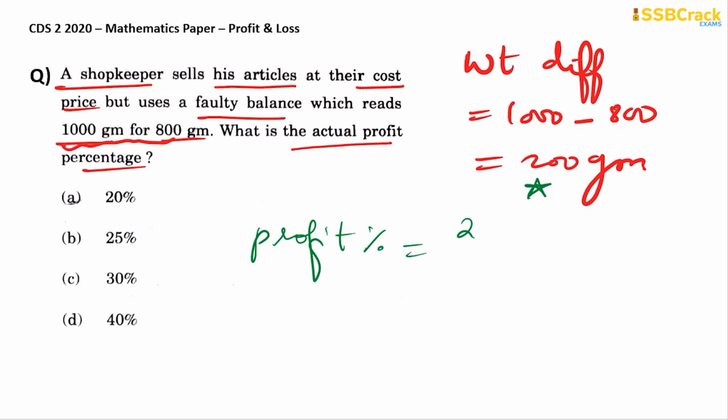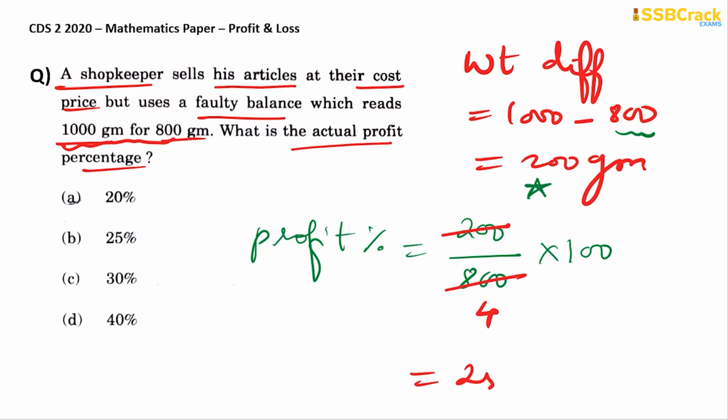This gain, that is the profit in terms of weight, out of what weight is he getting that profit? By the cost of 800 grams only, right? 200 by 800 into 100. Understood the problem? So here we have 200 by 800, so 100 by 4 is 25%. I hope you understood this problem solution very easily, right?